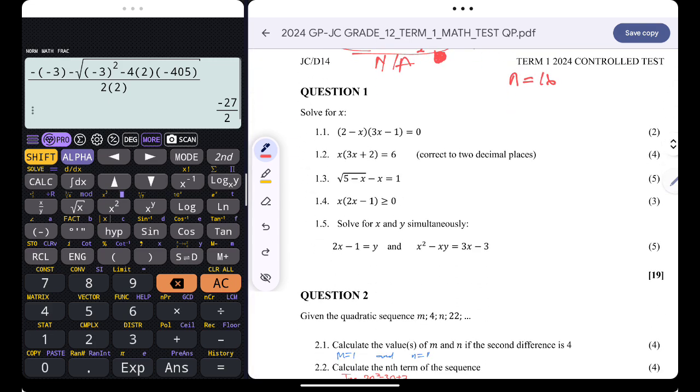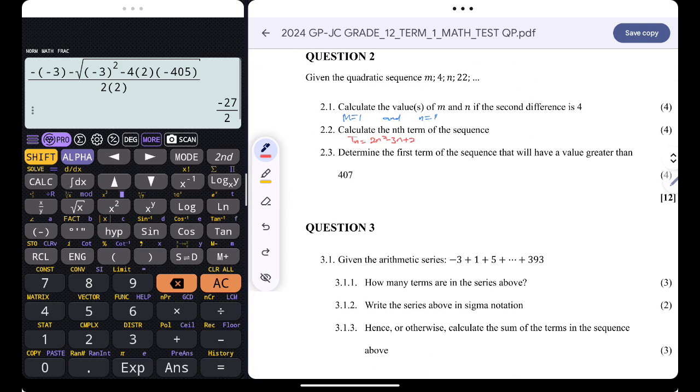So now I know that T16 is the one which will be greater than 407. I can even show you that, guys. Let's start maybe by finding T15. Remember that I do have the nth term, right?